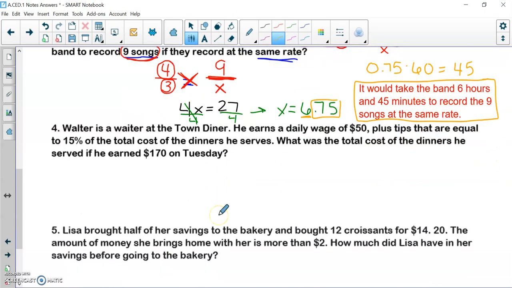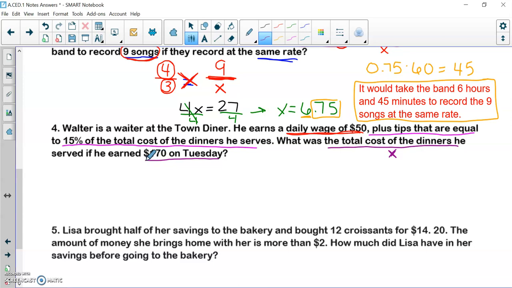All right, number 4. Walter is a waiter at a town diner. He earns a daily wage of $50, plus he's going to earn tips that are equal to 15% of the total cost of dinners that he serves. We want the total cost of dinners that he serves, which is going to be X because that's what we're trying to find, if he earned $170 on Tuesday.